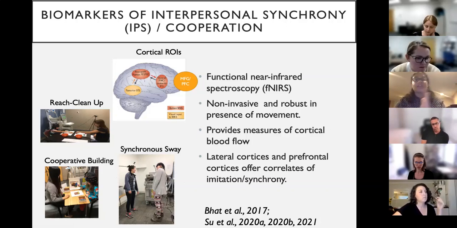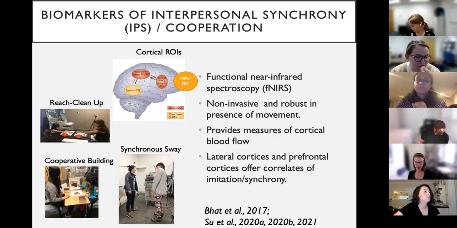So they could sway side to side with the beat and the rhythm of the pendulum shown. So the person is not in front of them. Or they could move face to face with an adult, or they could move face to face while touching the fingertips to an adult. So they're not putting weight on each other, but they are just adding the social touch condition within this sway context.